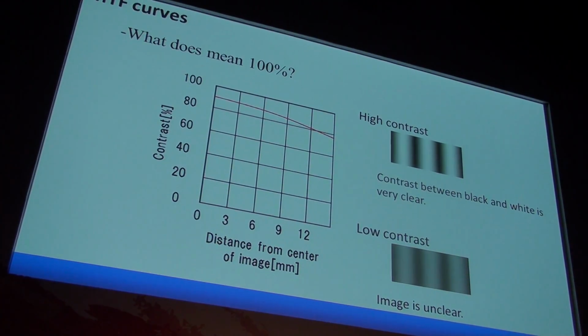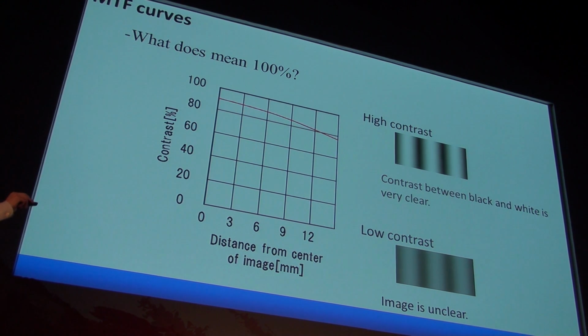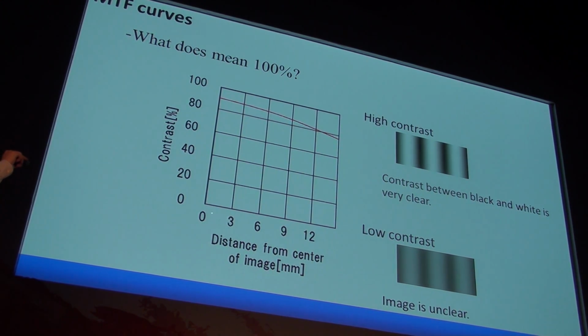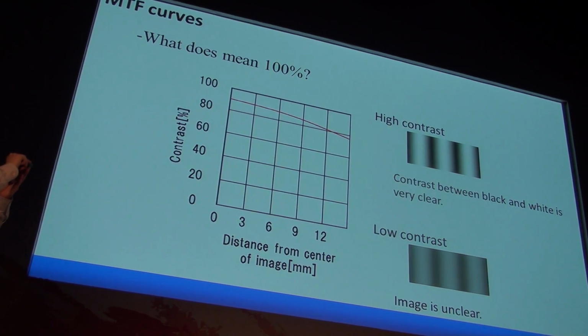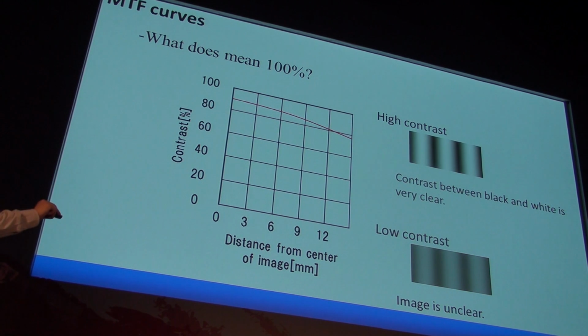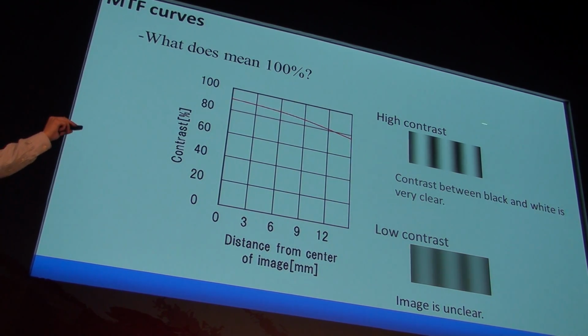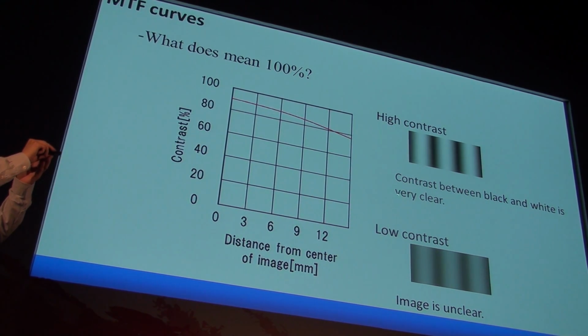At first, what does MTF mean? In the MTF curves, the horizontal axis shows the distance from the center of the image, and the vertical axis shows the contrast. And high contrast looks like this. The contrast between the black and white is very clear.